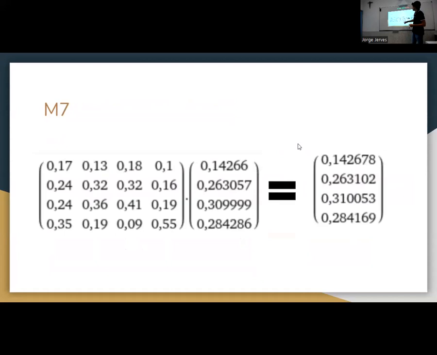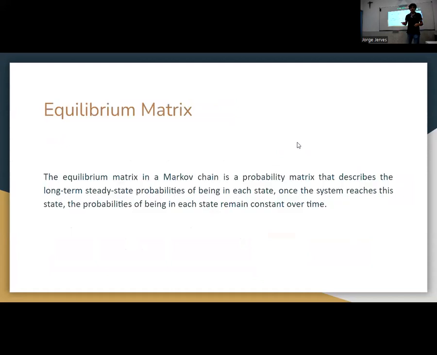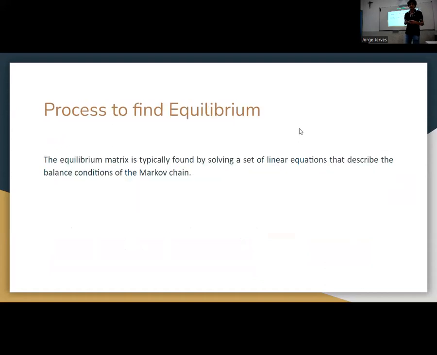So the equilibrium matrix in a Markov chain is a probability matrix that describes the long-term steady-state probabilities of being in each state. Once the system reaches the steady state, the probabilities of being in each state remain constant over time. The equilibrium matrix is typically found by solving a set of linear equations that describe the balance conditions.